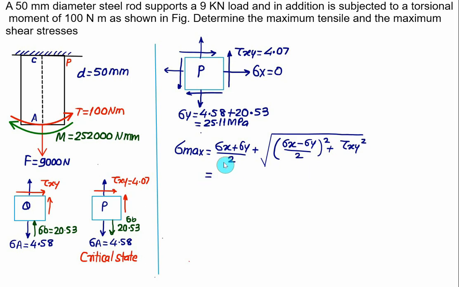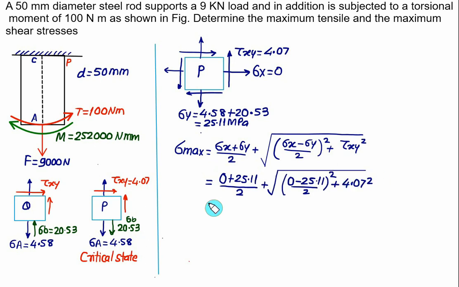In this case we have sigma x equal to 0, sigma y equal to 25.11, divided by 2, plus under root of (0 minus 25.11) divided by 2, whole square, plus tau xy square. Tau xy is 4.07 and we have to make a square of it. So the maximum tensile stress will come out to be 25.8 megapascal.